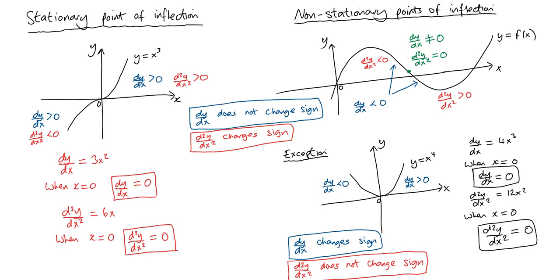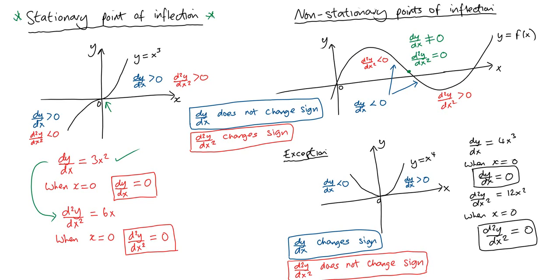A classic example of a stationary point of inflection is y equals x cubed. As we differentiate it, we get 3x squared, and at x equals 0 we get dy by dx equals 0. Then we differentiate again to get d2y by dx squared, and substituting x equals 0, d2y by dx squared is equal to 0 as well.